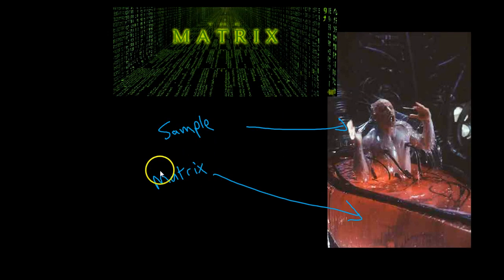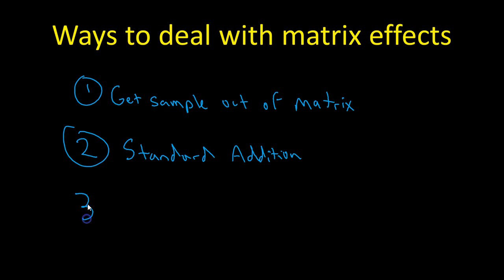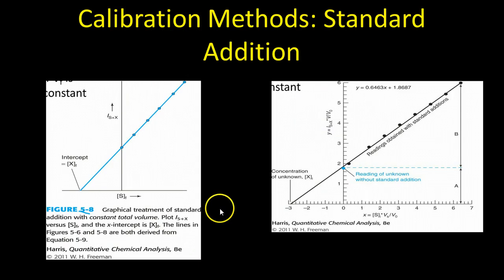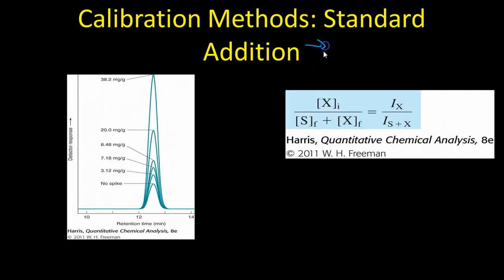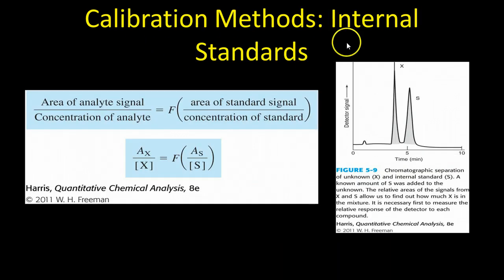And so another alternative is this third method, called using an internal standard. By the way, this standard addition method is from Harris 5.3, and this internal standard method is from Harris 5.4.